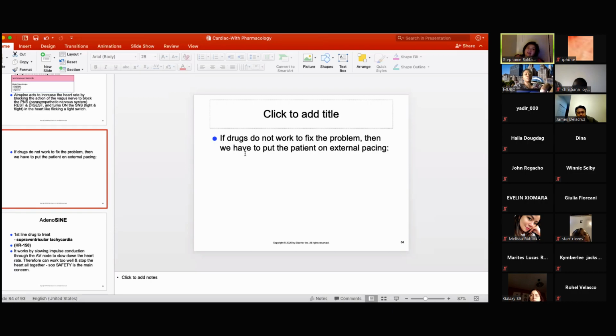Because this is used for symptomatic bradycardia. So on your EKG tracing, you could see something like 40 beats a minute. Very slow, okay? How would you count the beats on the EKG? What are you counting?